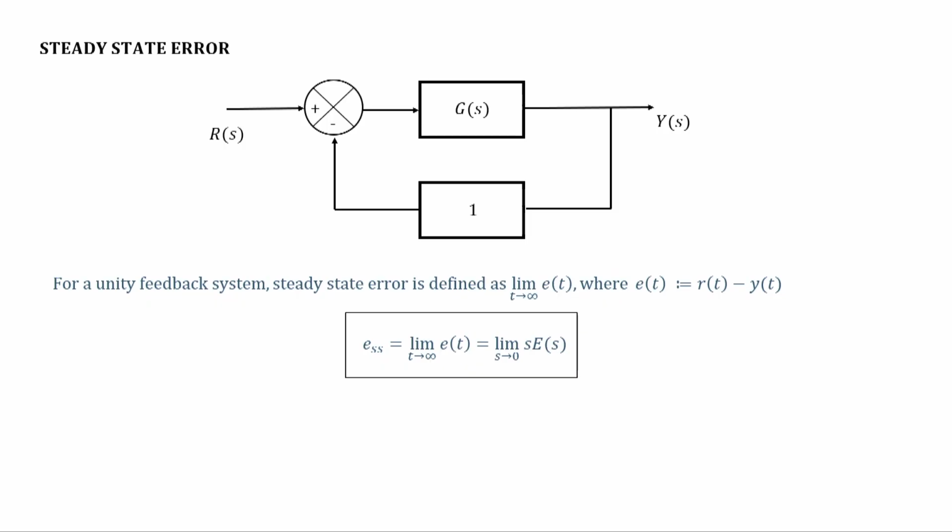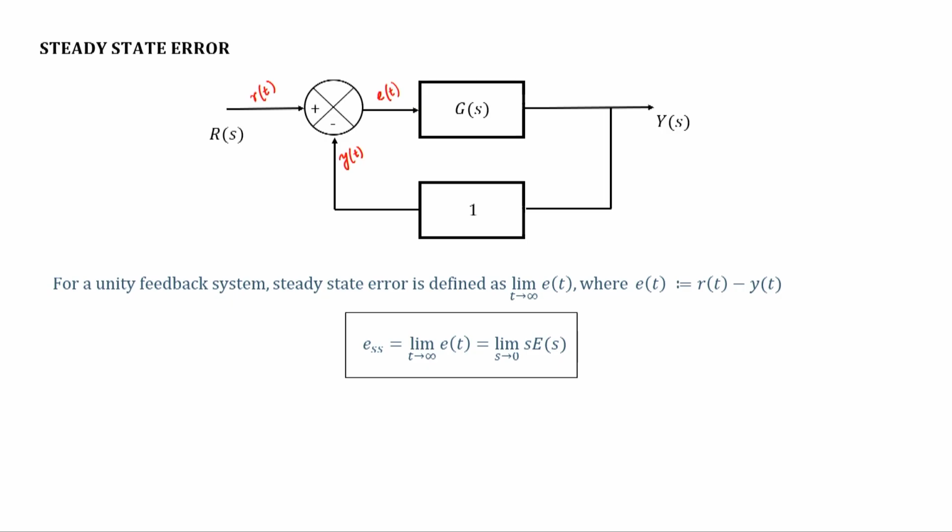If you have a standard unity negative feedback configuration of this form, then the steady state error is defined as limit t tends to infinity e(t), where e(t) is nothing but the reference signal r(t) minus the actual output y(t). Here is your e(t). So at t tending to infinity, whatever is your error, that is what is known as the steady state error of the system.